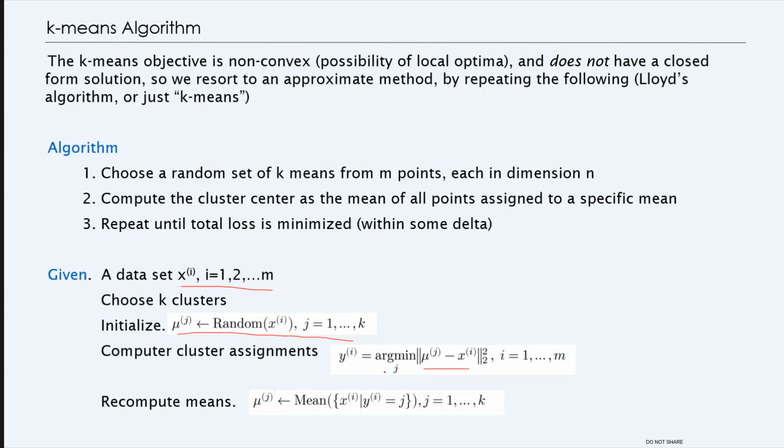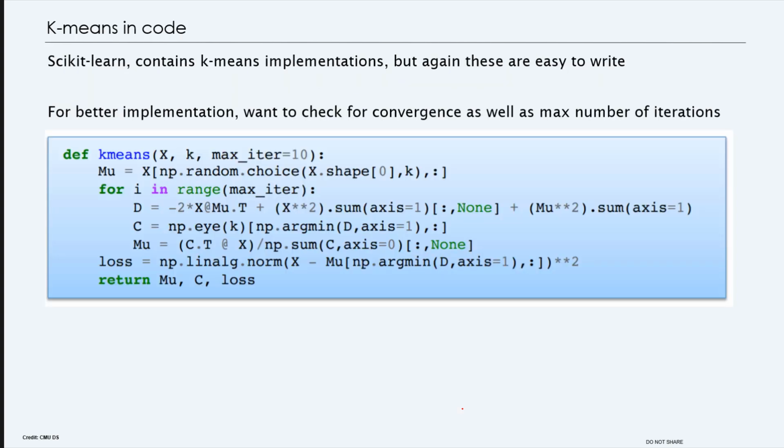Then we choose the minimum such that it belongs to a specific cluster, the jth cluster, for example. Then we recompute the mean by taking all the points that belong to a specific cluster, j, for example. And we do that for k things. So this is what the k-means algorithm does.